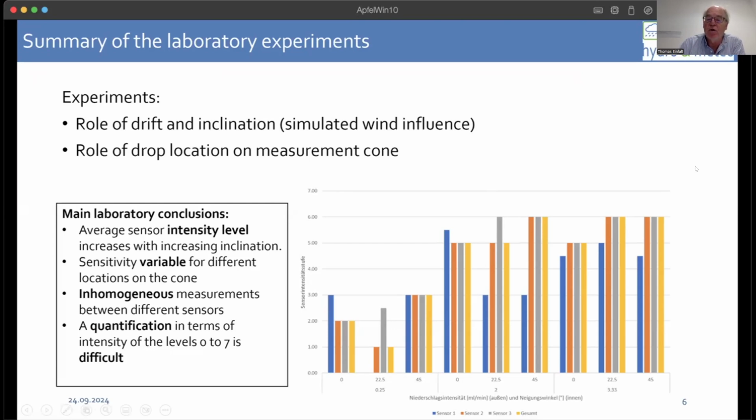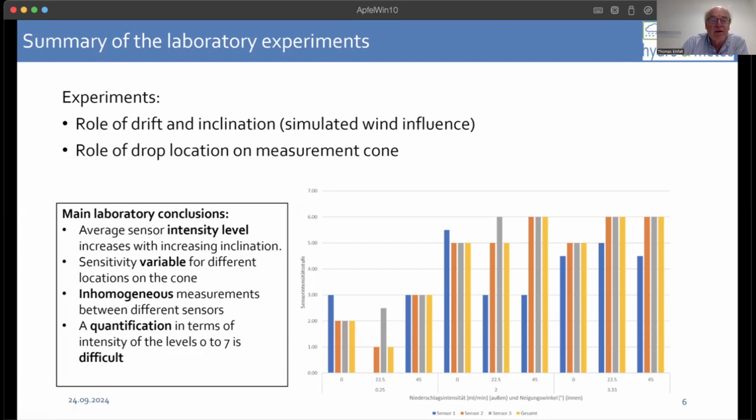And one message is that we have differences between the different sensors. And we have an intensity level which is increasing with increasing inclination. The sensitivity is variable for different locations on the cone.